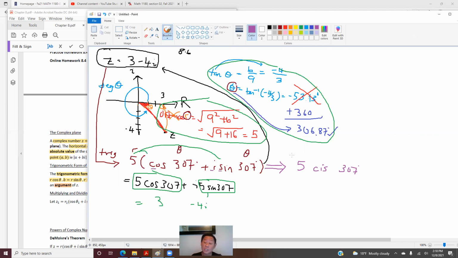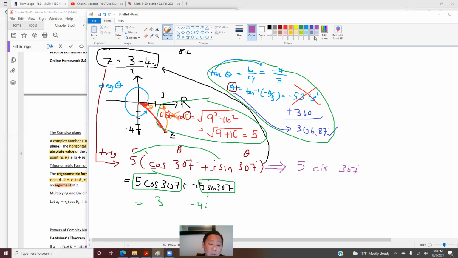Please do not use this in your online homework, because your online homework will mark you wrong. They don't understand this shortcut CIS form. But in the test, if you are running out of time and don't have time to write 5 cosine 307 plus i sine 307, then you use the 5 CIS 307.